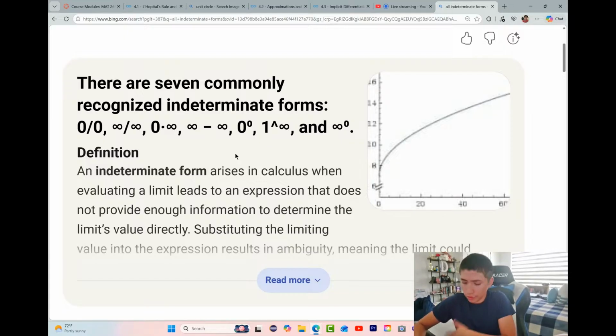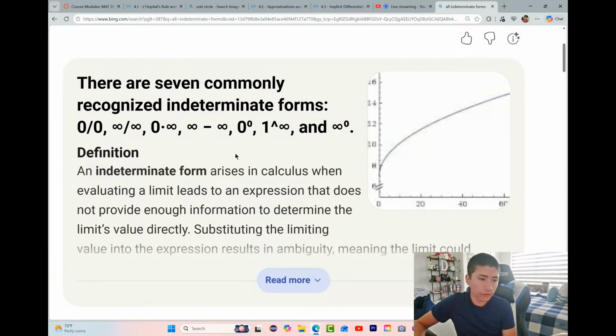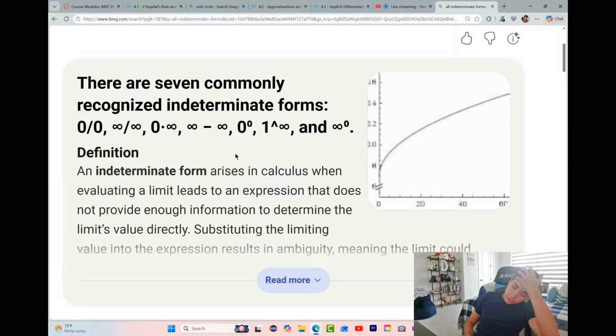E to the negative infinity squared is the same thing as e to the power of 1 over infinity squared.